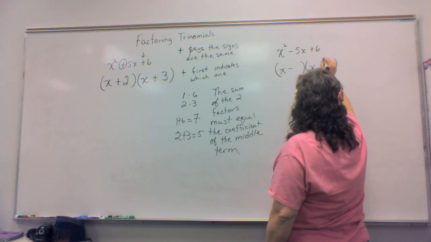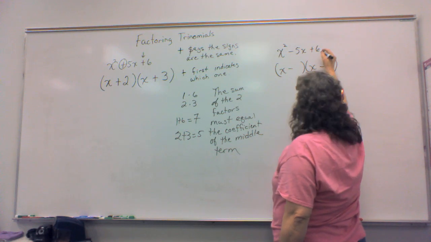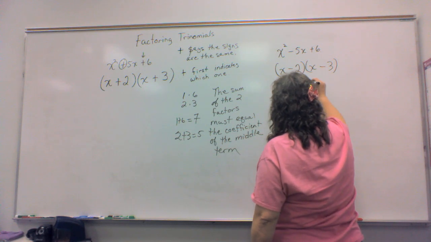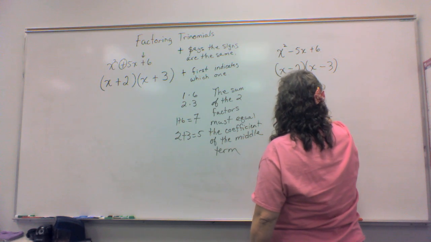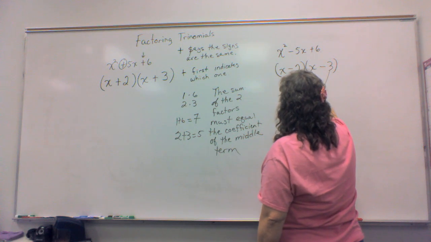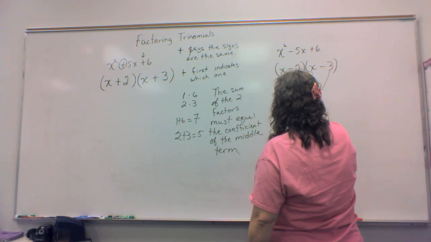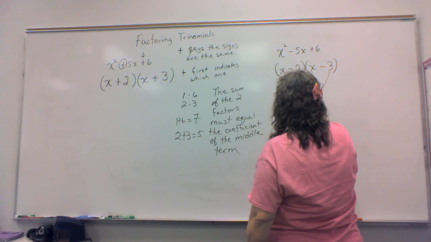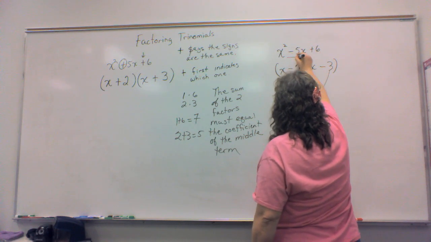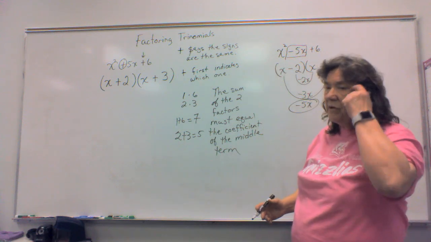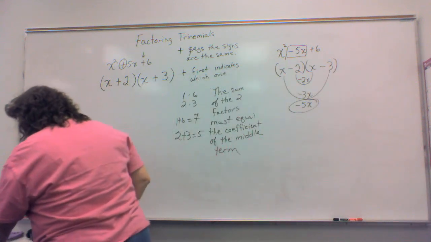And again, 2 plus 3 is 5, so we know it is 2 and 3. And notice you can check it with what I call the smile and the chin. This is a negative 2x and a negative 3x. If you add those together, you get a negative 5x, which is exactly what the middle term is up there. So you know that you have factored it correctly.